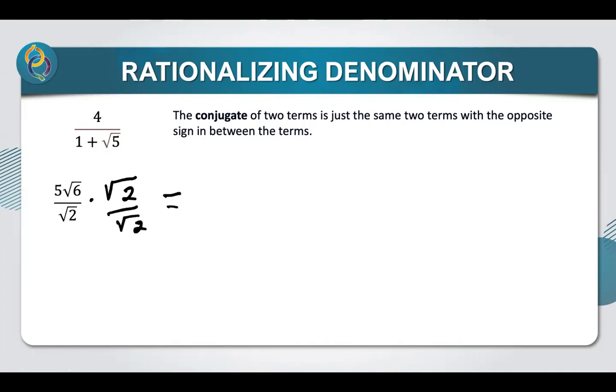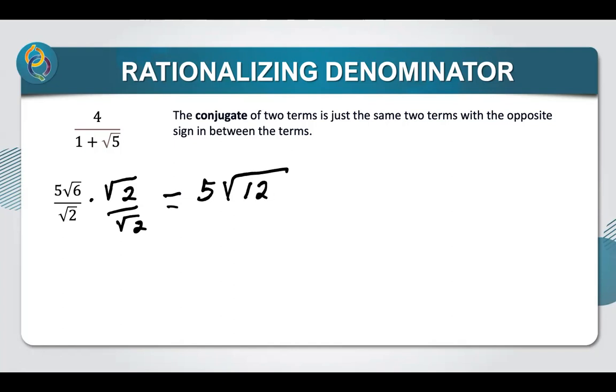Okay, so therefore we have 5 square root of 6 times square root of 2. So you multiply the coefficients. That's 5 times, it's understood that the coefficient of square root of 2 is 1. And multiply the ones under the radical, that will be square root of 6 times 2, correct?